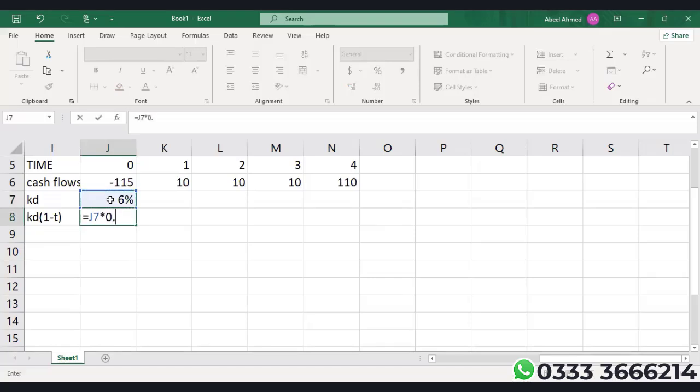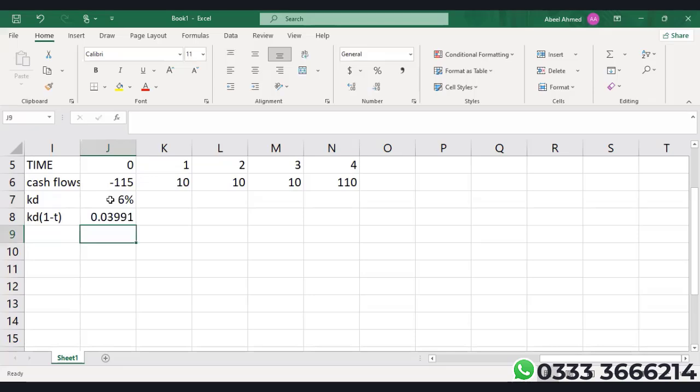If tax rate is 30%, multiply this with 0.7. We are getting 4.4%, or let's say 4%, at 3.99. So first we calculated KD, after that just 1 minus T. So now dealing with the redeemable bond has become obviously very easy because of this shortcut which is available.